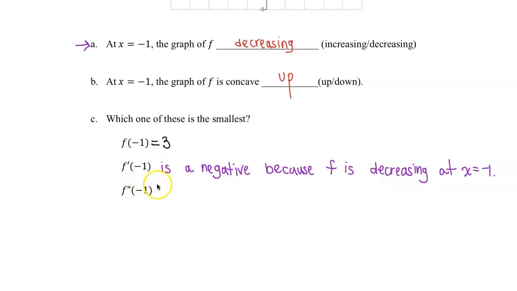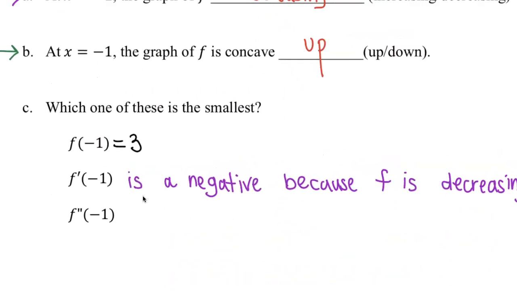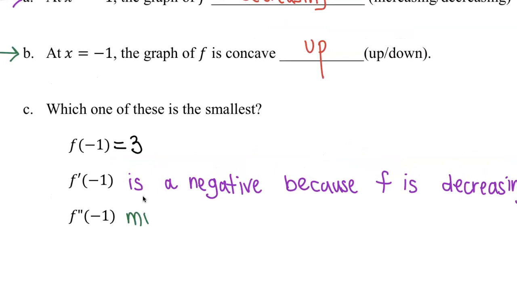Now, let's talk about the concavity, like f double prime of -1. Again, we won't be able to find the actual second derivative to plug in -1, but what do we know about the concavity? That this is concave up, right? This graph is concave up. The second derivative must be positive.